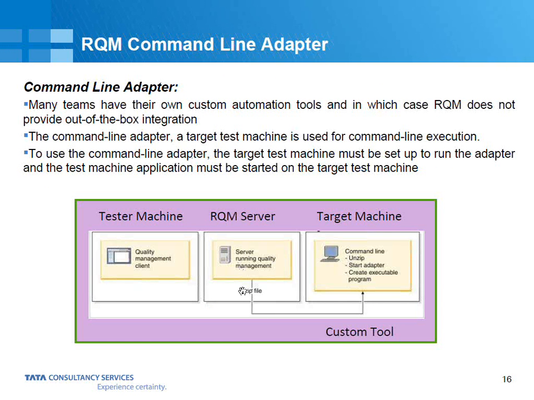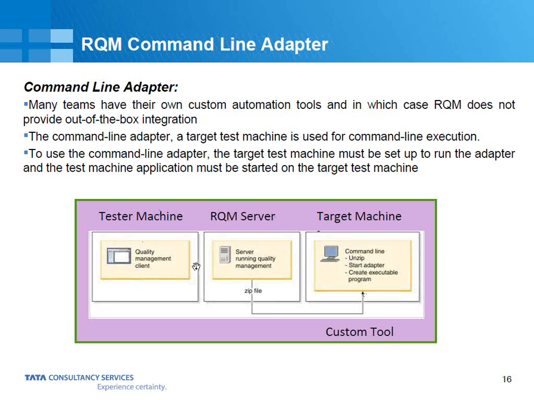You need to start the adapter in the target machine, and this adapter is available in the installation directory of RQM. It is a zip file. You can put this zip file in a target machine where your custom tool is, start the adapter, and you can create an executable program and execute.